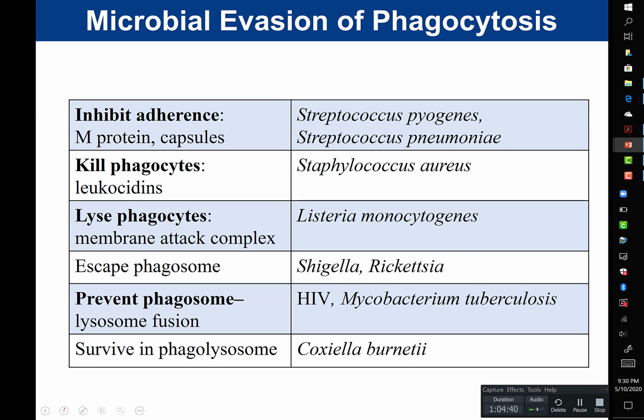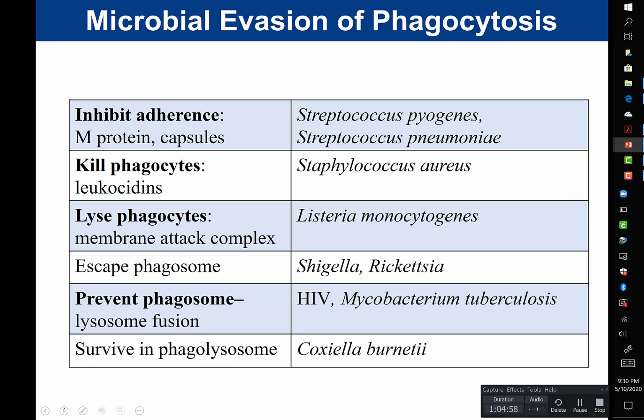Some can evade phagocytosis by lysing phagocytes. What they do is form what's called a membrane attack complex. An example of this would be Listeria monocytogenes, which remember causes listeriosis.